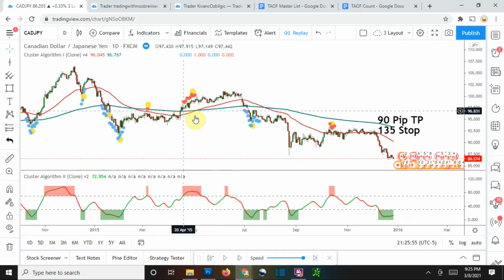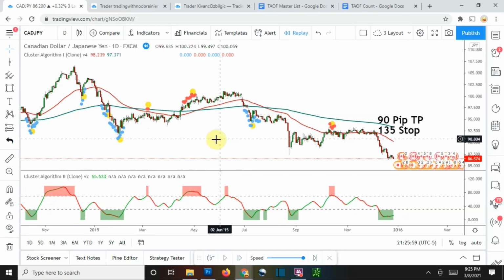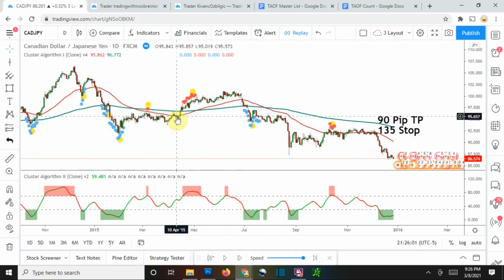Now, the two lines on the chart that look like moving averages might actually be moving averages. I'm not 100% sure. It didn't say so on the indicator page, and it wasn't really discussed.